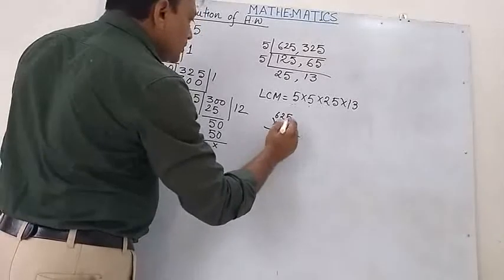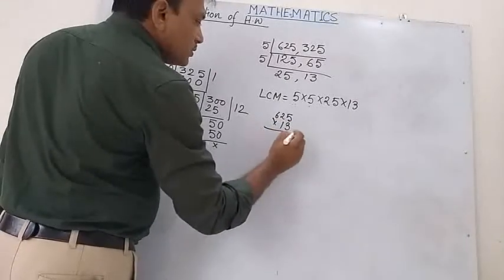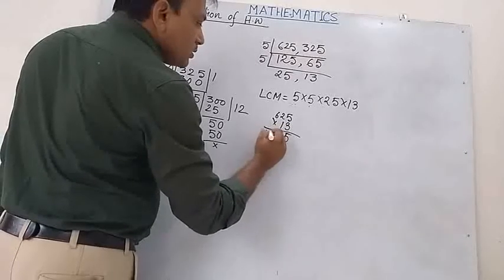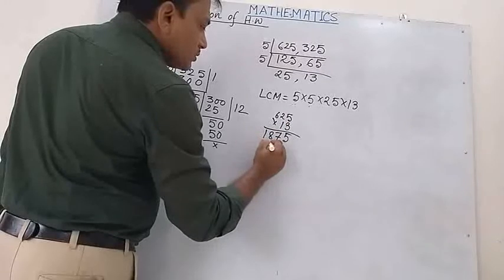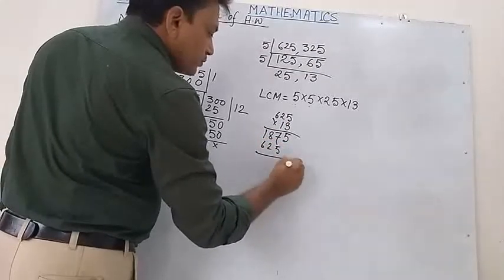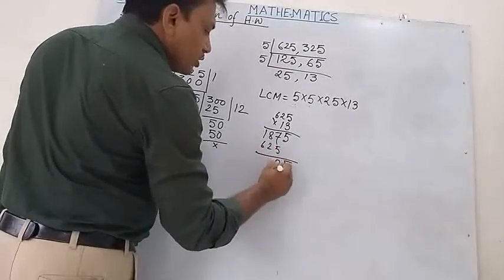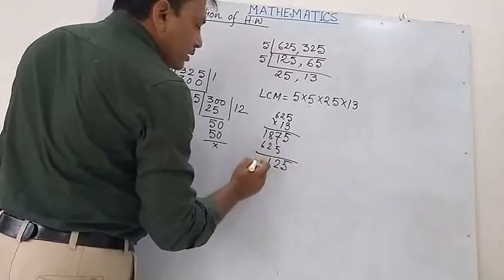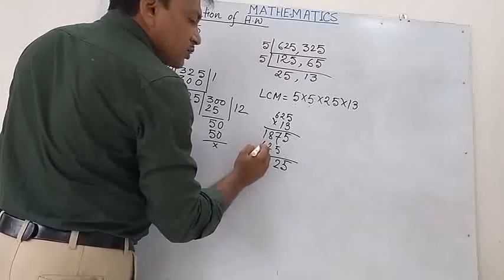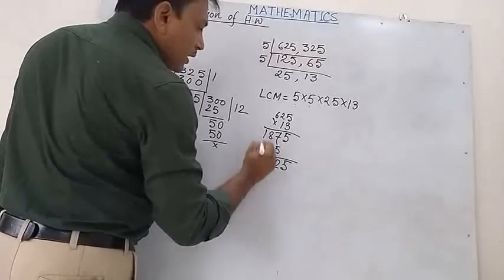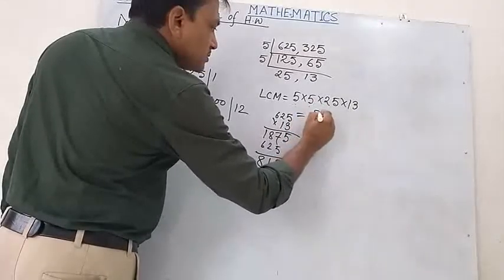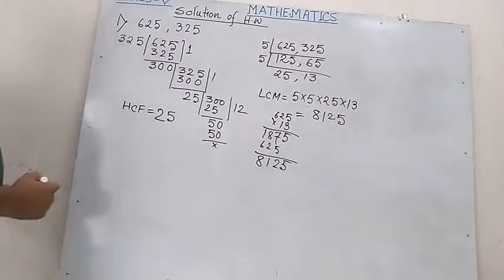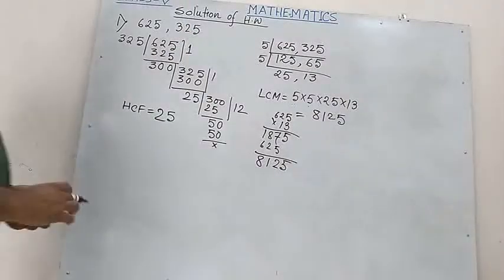So what is the result? 625 into 13 gives 8125. So the LCM is 8125.